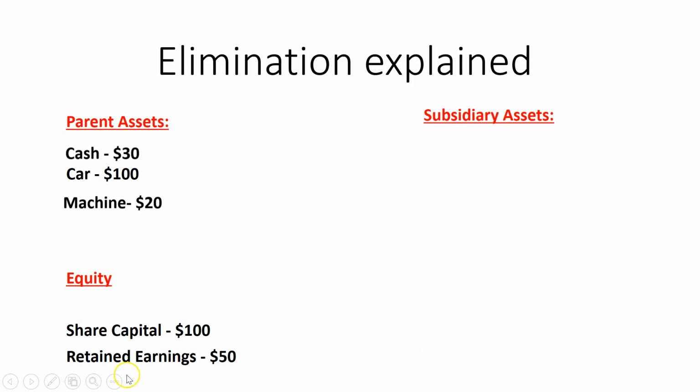So that would leave us with this consolidated balance sheet, $150 of net assets, $150 of net equity, with that investment asset representing the net assets of the subsidiary, which was $50 through the machine and cash. Okay.